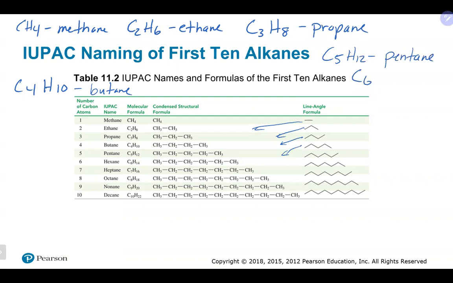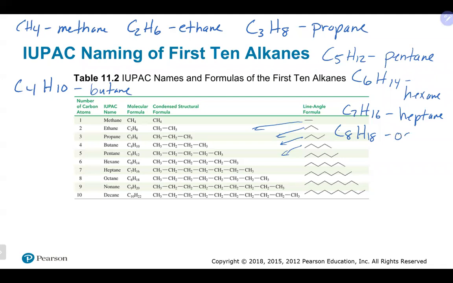We have 6 carbons, 6 times 2 is 12, plus 2 more is 14 hydrogens it should have. That is hexane. 7 carbons would have 16 hydrogens. That is heptane, ANE. 8 carbons would have 18 hydrogens.